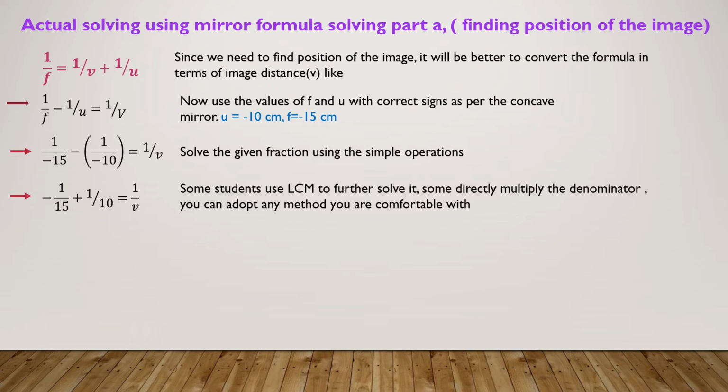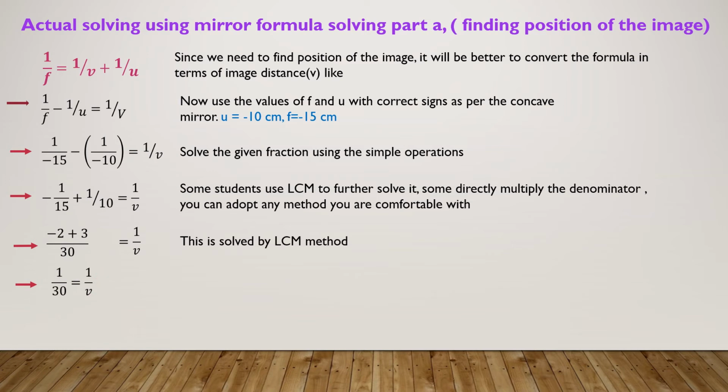You can do it the way it is comfortable for you. Now I have done it with the LCM method, and with the LCM method it comes down to this. Let us see how it will be. It is coming to be 1 by 30 is equal to 1 by v.